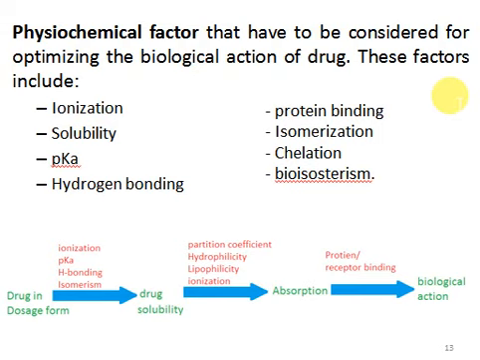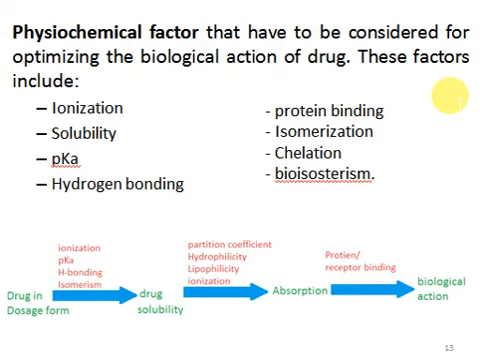So there are different factors which are involved in these processes. These include ionization, solubility, pKa, hydrogen bonding, protein binding, isomerization, chelation, and bioisosterism. In general, we say that a drug is able to be absorbed only if it is in unionized form. Right? So if you have a molecule which is not ionized, it will be absorbed very rapidly. But if a thing is ionized, then it depends on whether it's an acid or a base.